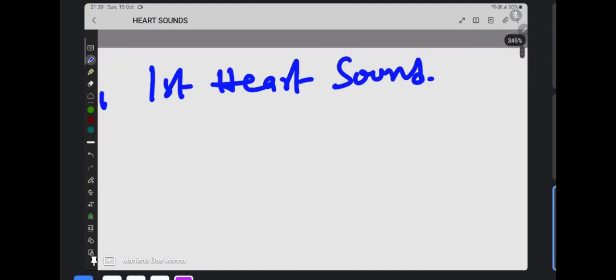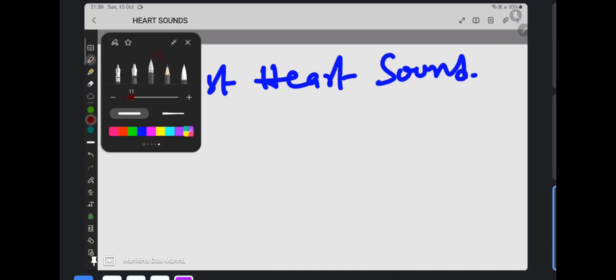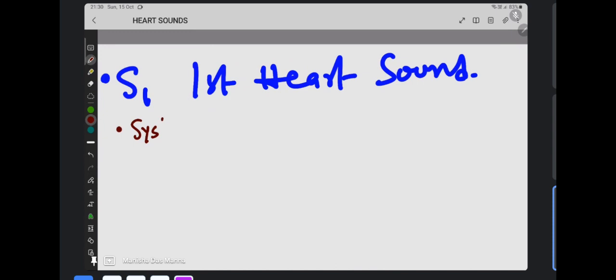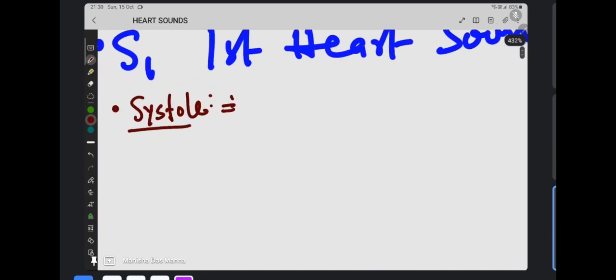First of all, when we are talking about systole, we are majorly emphasizing the ventricular systole.